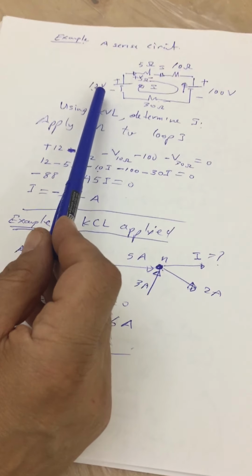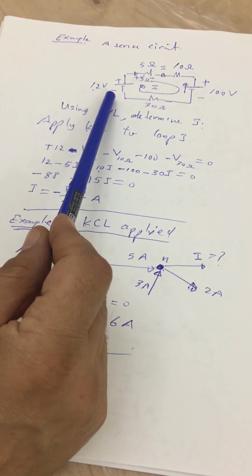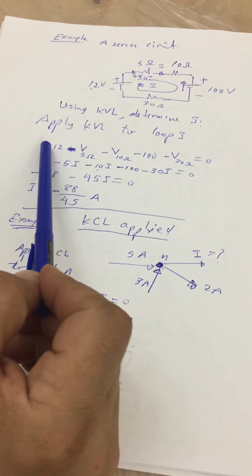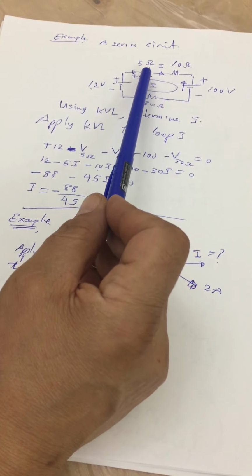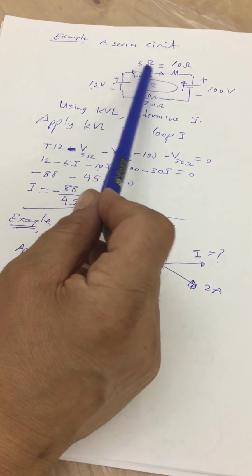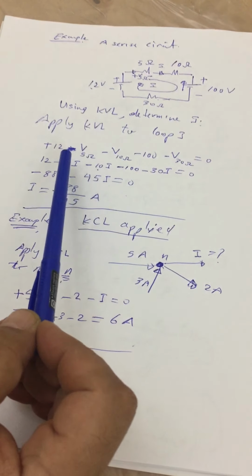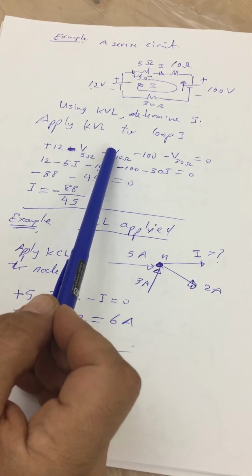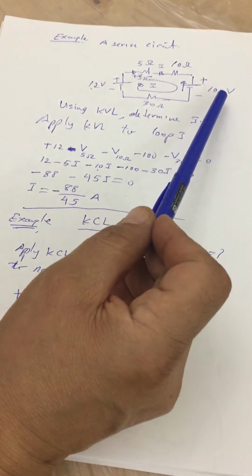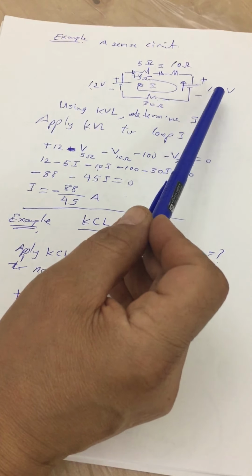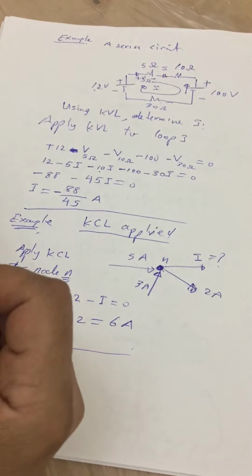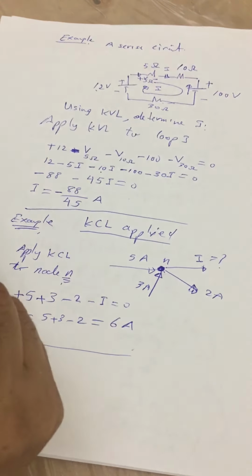So this source, the 12 volt source, is in the same direction, so we assign a plus to it. The voltage across the 5 ohms resistor is in the opposite direction, so it is minus V5 ohms, minus V10 ohms. The 100 volts, minus to plus, is in the opposite direction, so it's minus 100, minus V30 ohms.